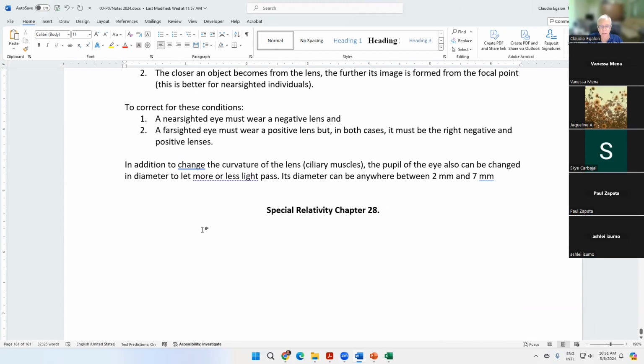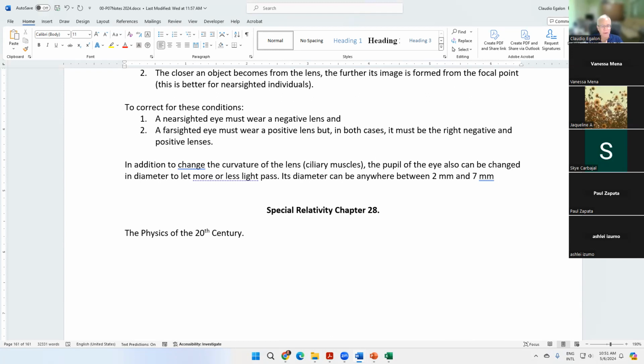Special relativity, the physics of the 20th century. So most of the things that we have covered here are knowledge that was known all the way until the end of the 19th century.